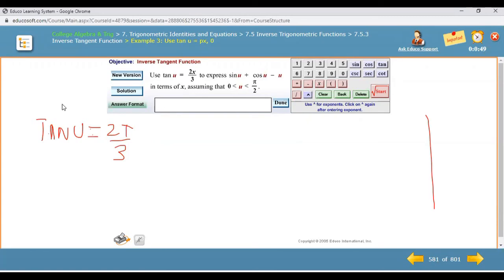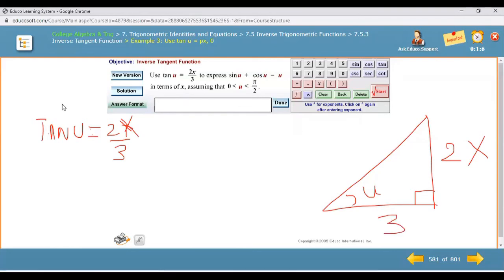Again, I will draw a triangle, right triangle. I will say this is u. Tangent is what? 2x over 3. 2x over 3 means opposite is 2x and adjacent is 3.